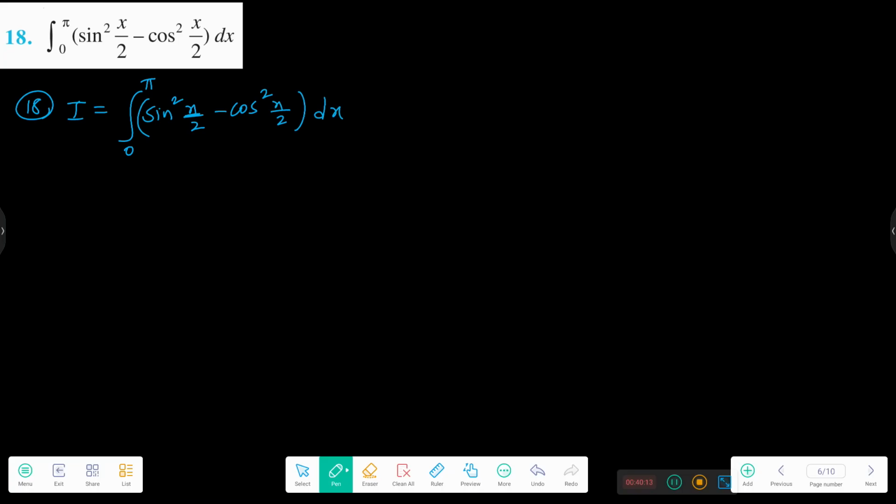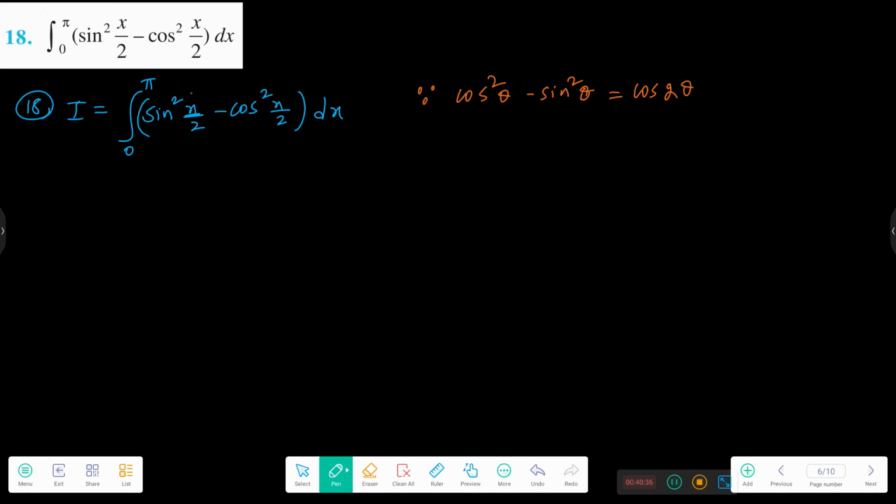We have a formula for sin square and cos square. Cos square theta minus sin square theta is equal to what? Cos 2 theta is the formula.